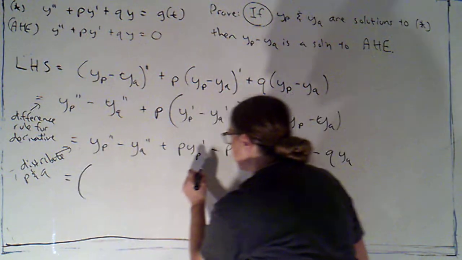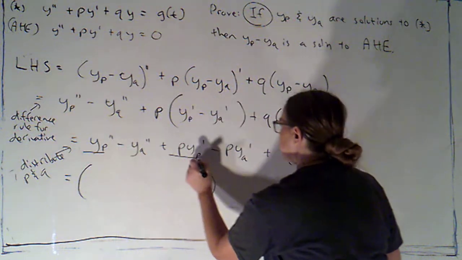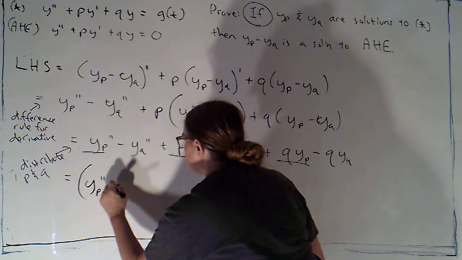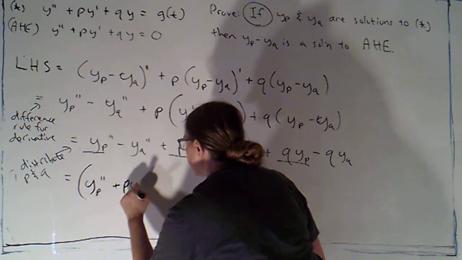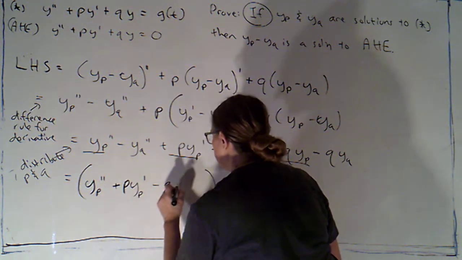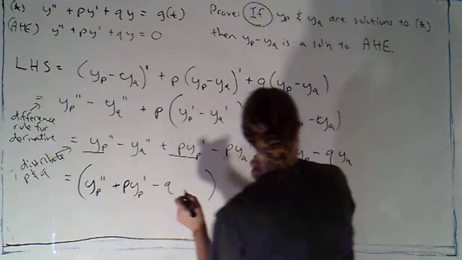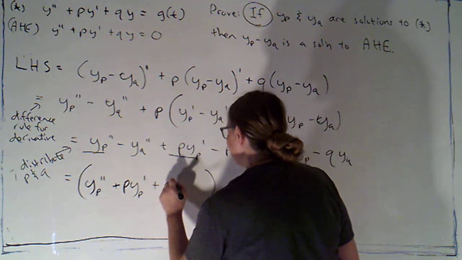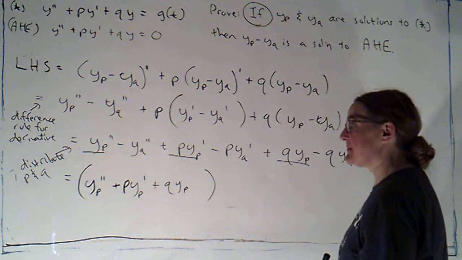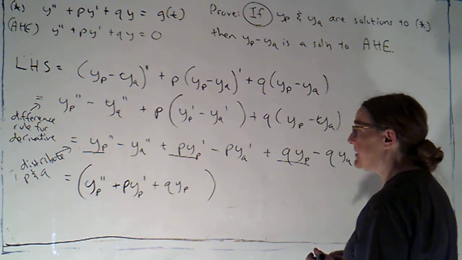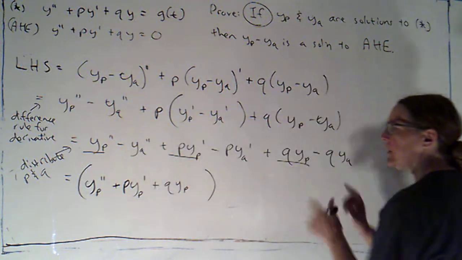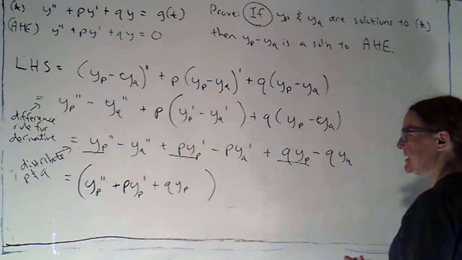So the p terms, that's going to be this one and this one and this one. That's going to give me yp double prime plus p times yp prime plus q times yp, okay?